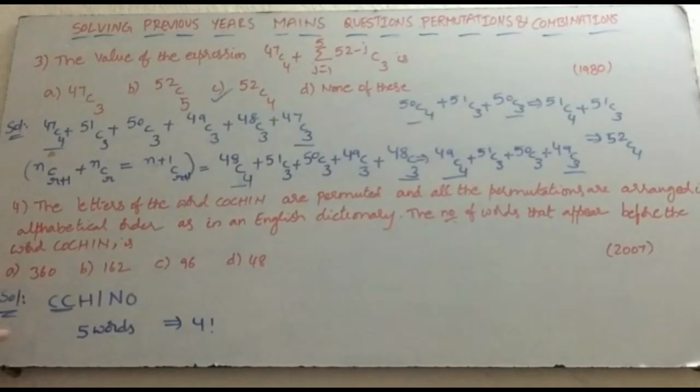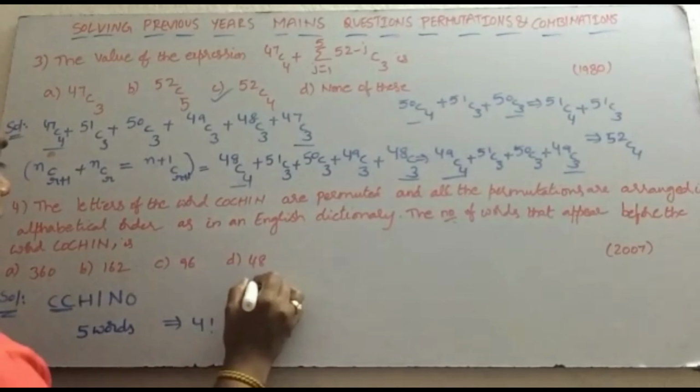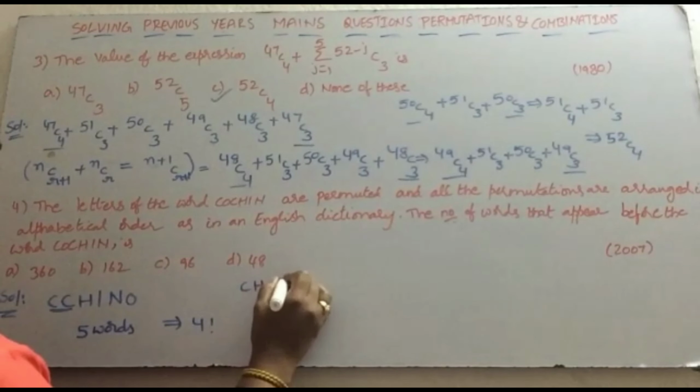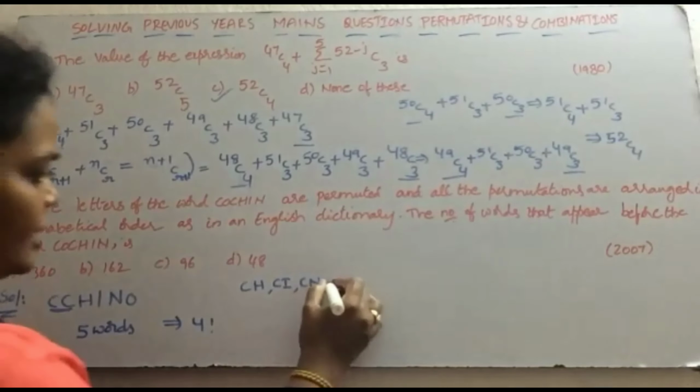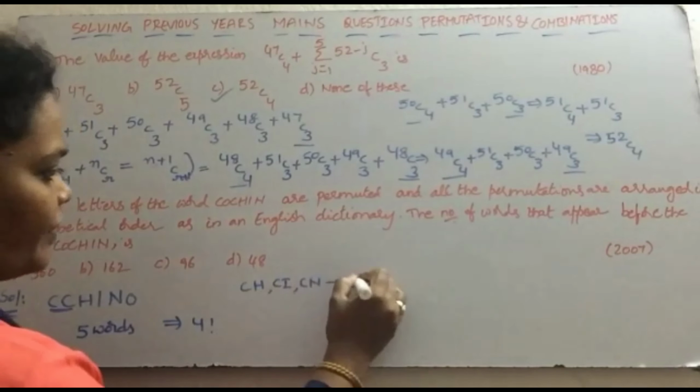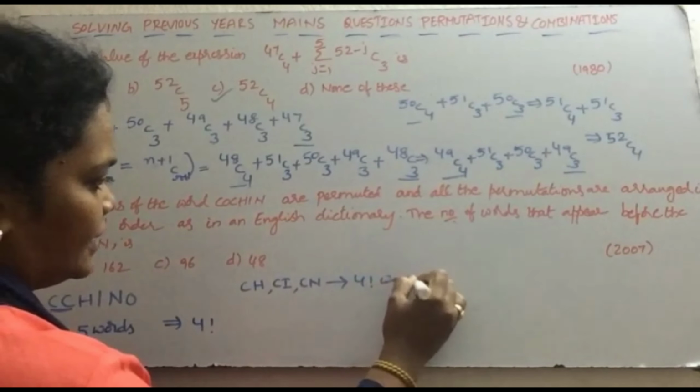So the number of words beginning with CH, CI, CN, in each case these are 4 factorial ways.